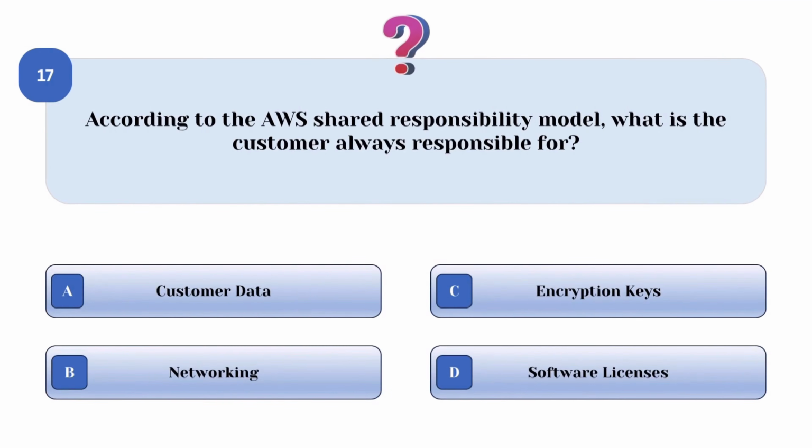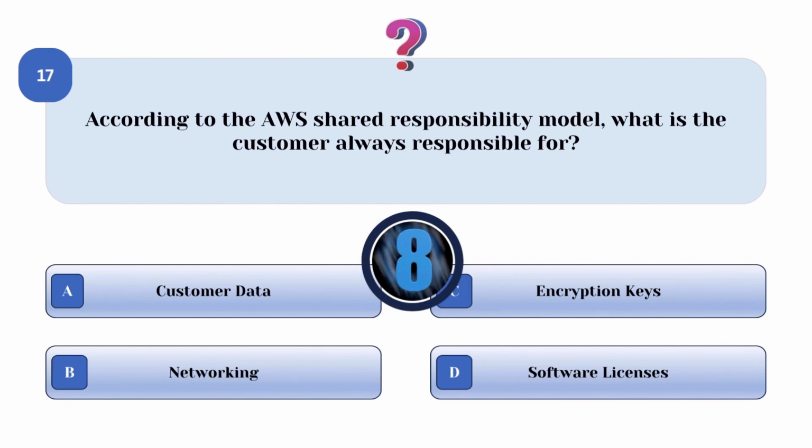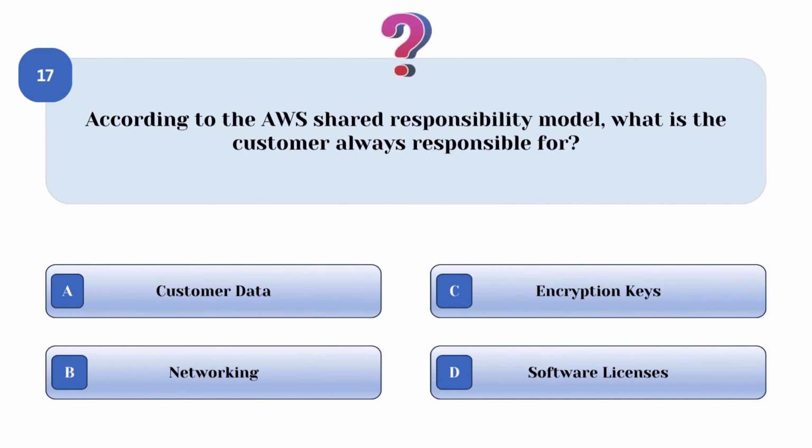According to the AWS shared responsibility model, what is the customer always responsible for? Correct answer: Customer data.